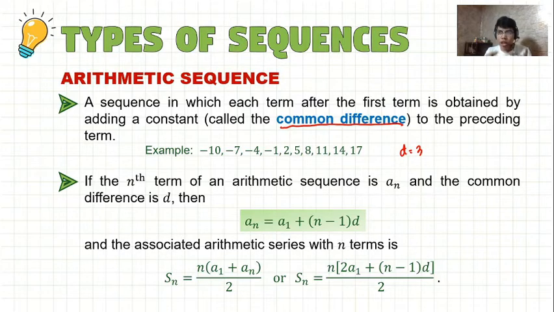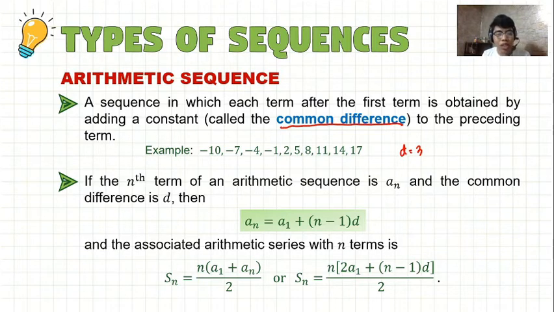Okay? Other problems, hinahanap ay yung first term. So dapat meron kayong common difference, number of terms, and the nth term to solve for a sub 1. By the way, a sub 1 is the first term, n is the number of terms from the first term, and d is the common difference. Okay, so that is the first formula, finding the nth term.